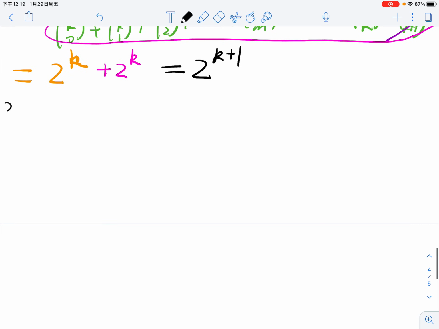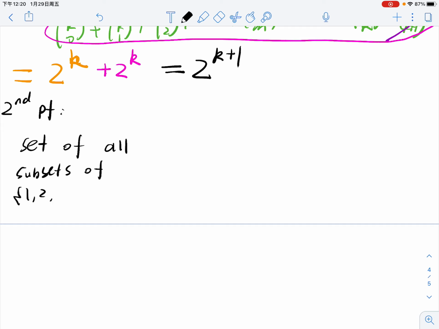Okay, and now let's look at the second proof, which is a combinatorial interpretation. So on the left-hand side, we consider the set of all subsets of 1, 2, 3, all the way to n.